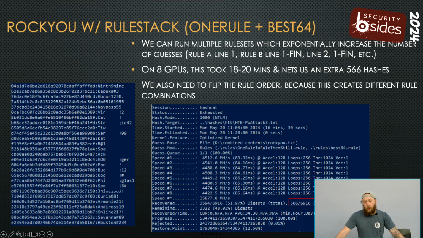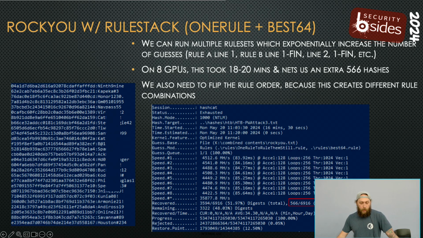One thing that I learned and I had no idea was you could stack rule sets. So what is rule stacking? Rule stacking just means you can feed Hashcat multiple rule sets and it will take rule set one, apply rule one, and then apply all these additional rules from rule set two to that guess. And you're creating all these extra unique guesses.